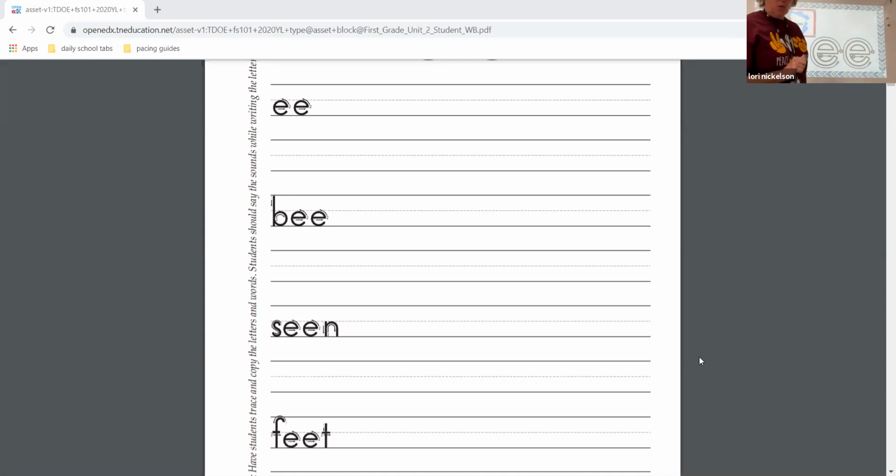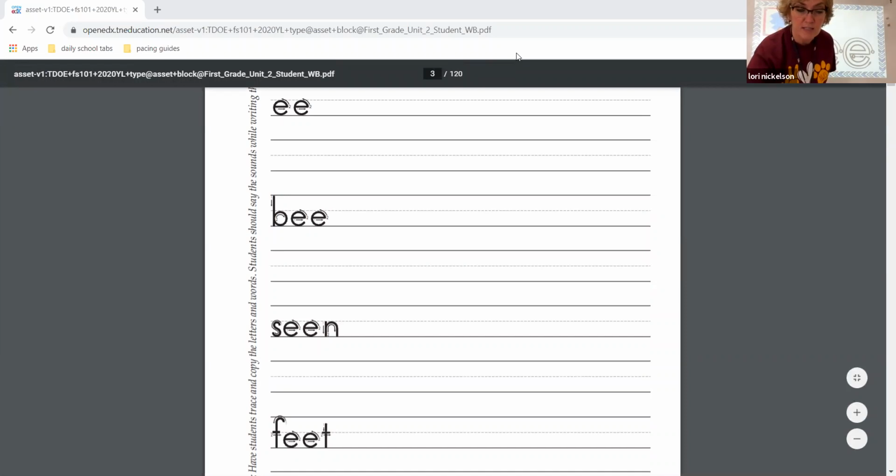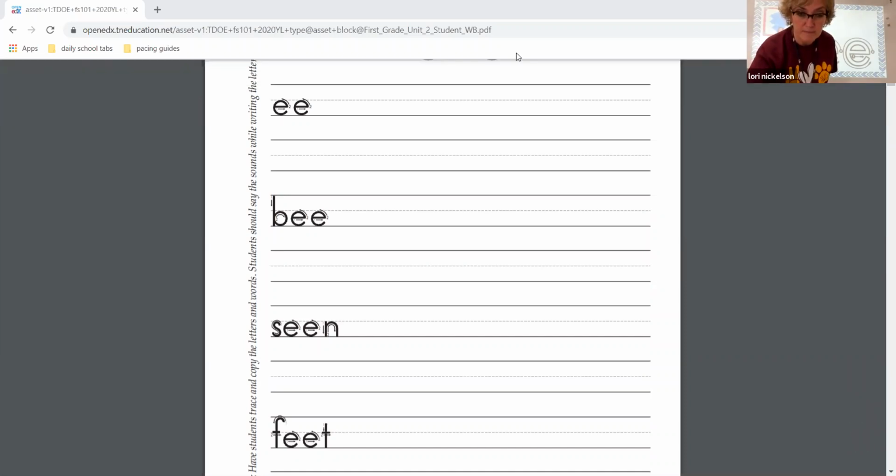In lesson 1.1, you will have to trace the double E's on line 1 and line 2. You will have to trace the word be on line 1 and the line below it. Then you have the word seen that you will write on the top of that line and below it, and feet. Okay? So make sure you do that and turn it in.